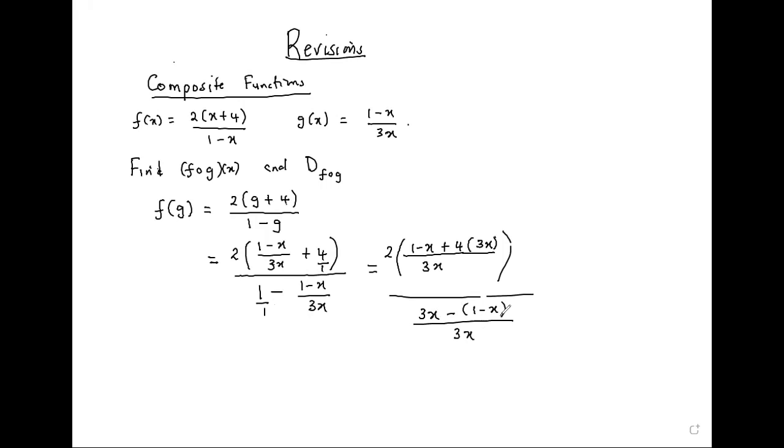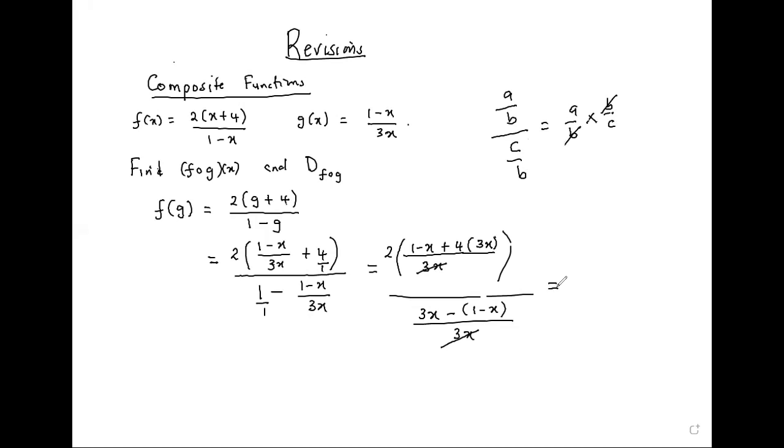So now, this 3x and this 3x here can cancel. Why? Because if I have a over b divided by c over d, I can as well write it as a over b multiplied by d over c. So that's why the 3x and the 3x there can cancel.